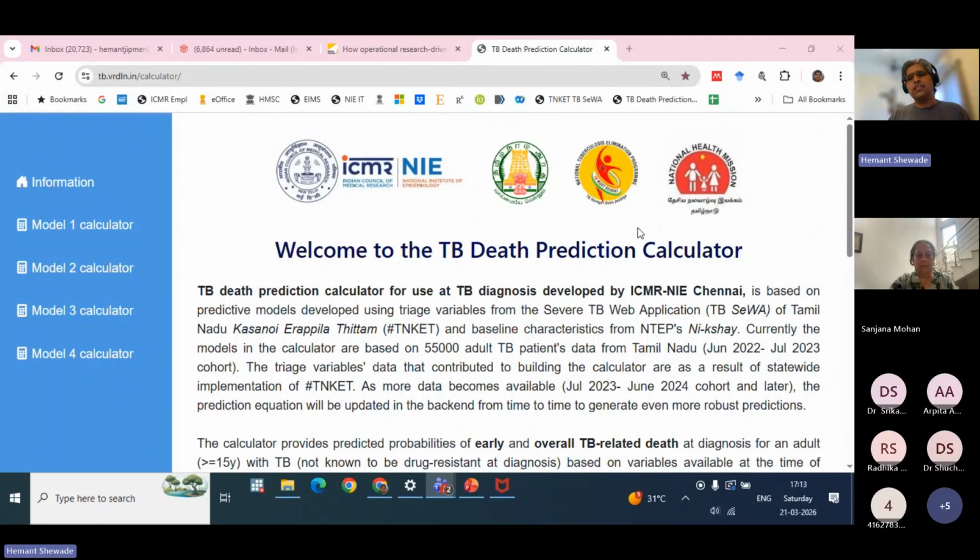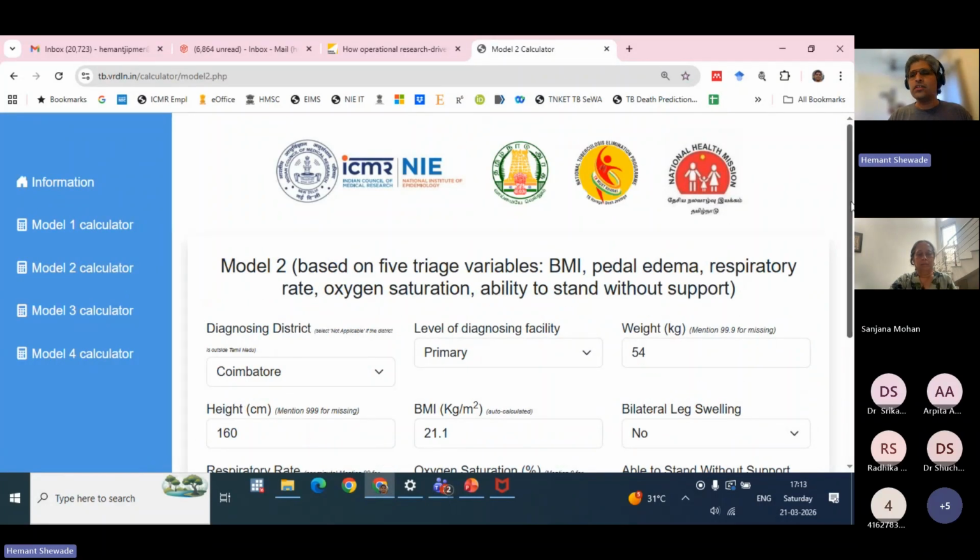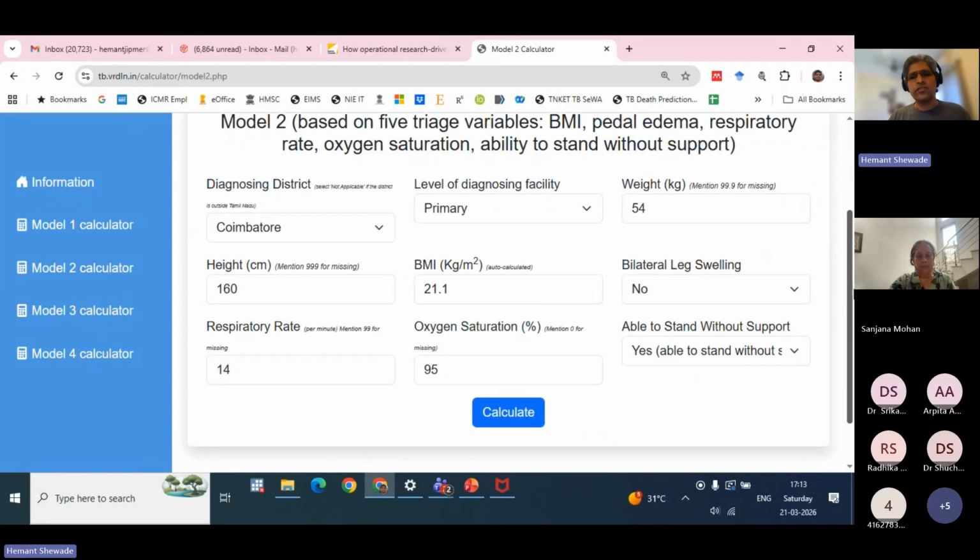So this TB death prediction calculator is basically model 2, where death prediction is based on triage variables. The diagnosing district and level of diagnosing facility are default data, which you'll anyway have. But the triage variables are BMI, leg swelling, respiratory rate, oxygen saturation, and ability to stand.